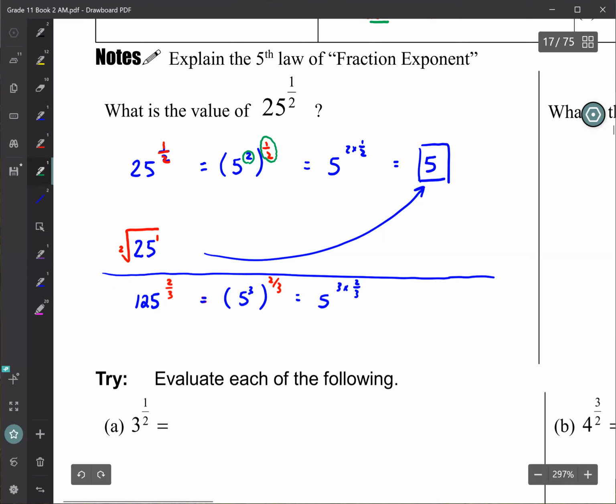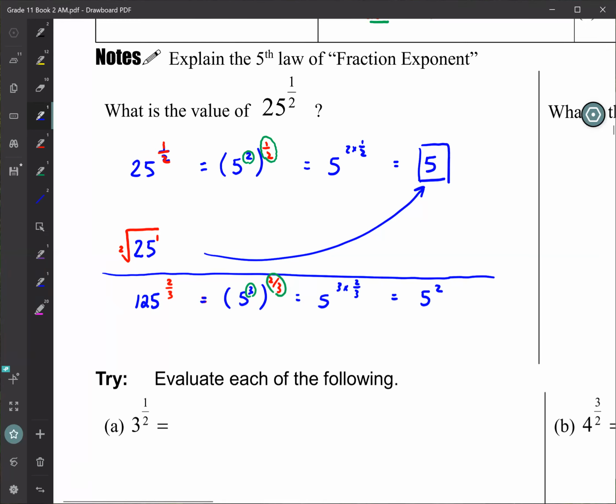The exponent of 3 and the exponent of 2/3 will multiply together. What would that equal? 6/3, which becomes 2. Very good. So it ends up as 5 squared, which of course equals 25.